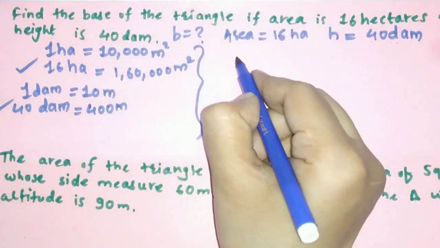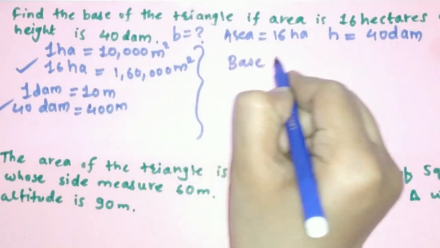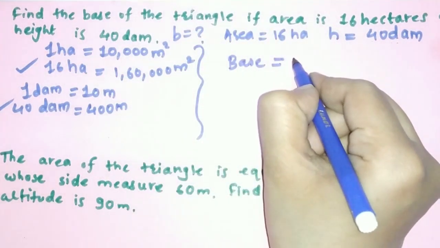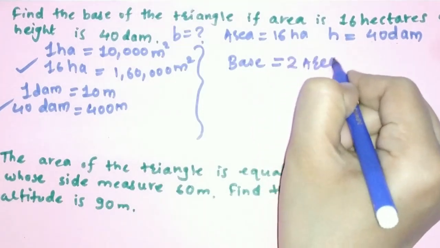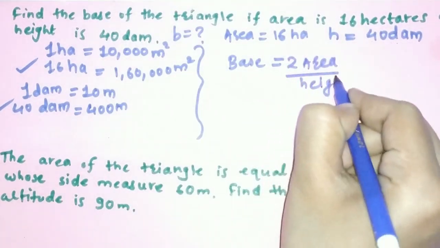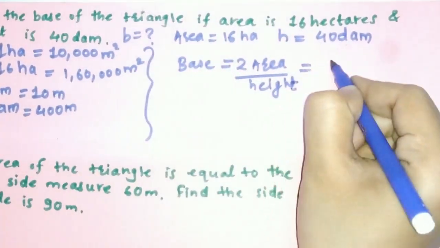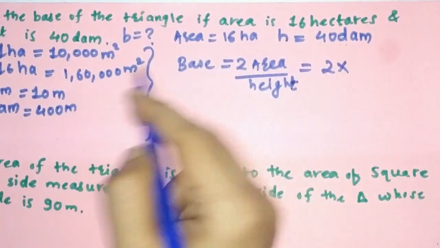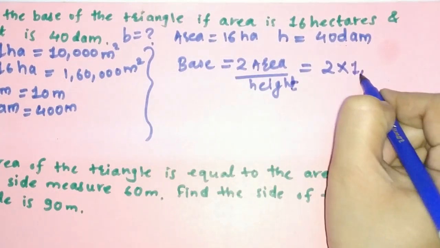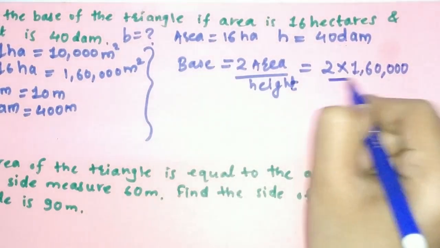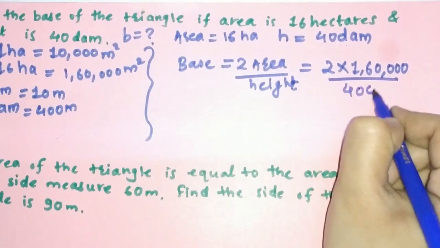We'll write down the formula. Base is equal to 2 times area divided by height. This is the formula we have made from the original formula. So 2 times area. Area is what? 1,60,000 here, divided by height, which is 400.